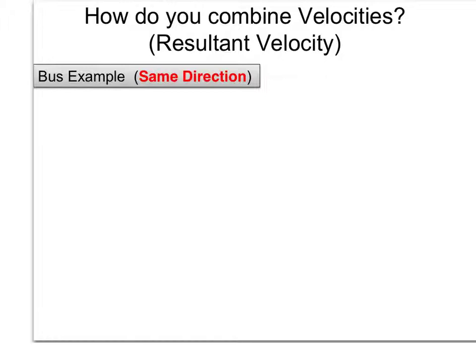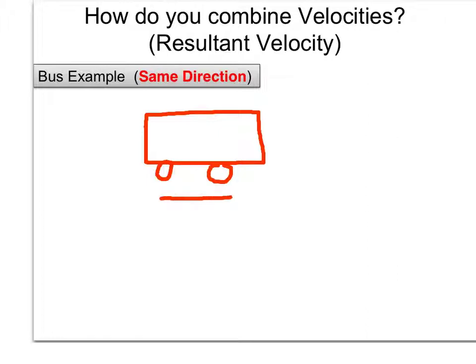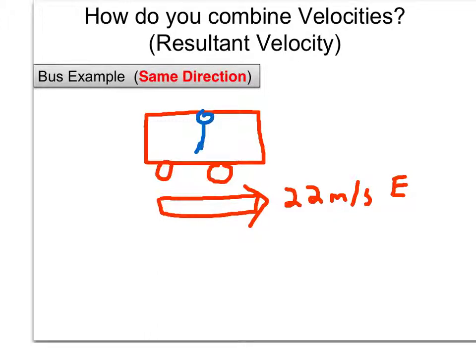If you're, for example, on a bus, and the bus is going 22 meters per second east, and a person on the bus gets up and starts walking on the bus, but the person is walking at only, and the blue arrow represents the person, notice I drew it smaller than the first, 3 meters per second east.